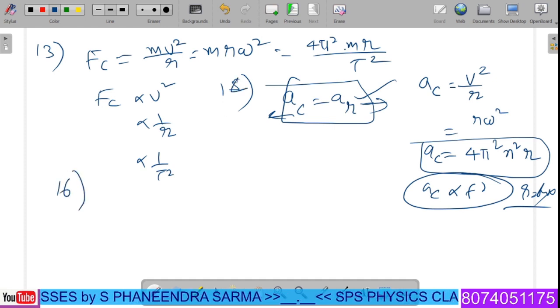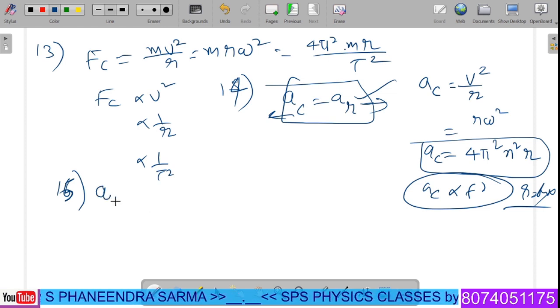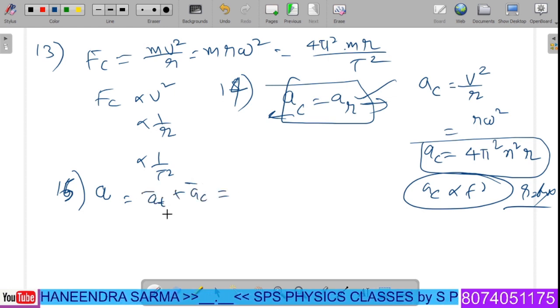Sorry, please take it as the 14th one, and take this as the 15th point. Now in this particular case, suppose we consider non-uniform motion, I need the net acceleration. Net acceleration is nothing but AT bar plus AC bar. AT bar means r alpha bar.